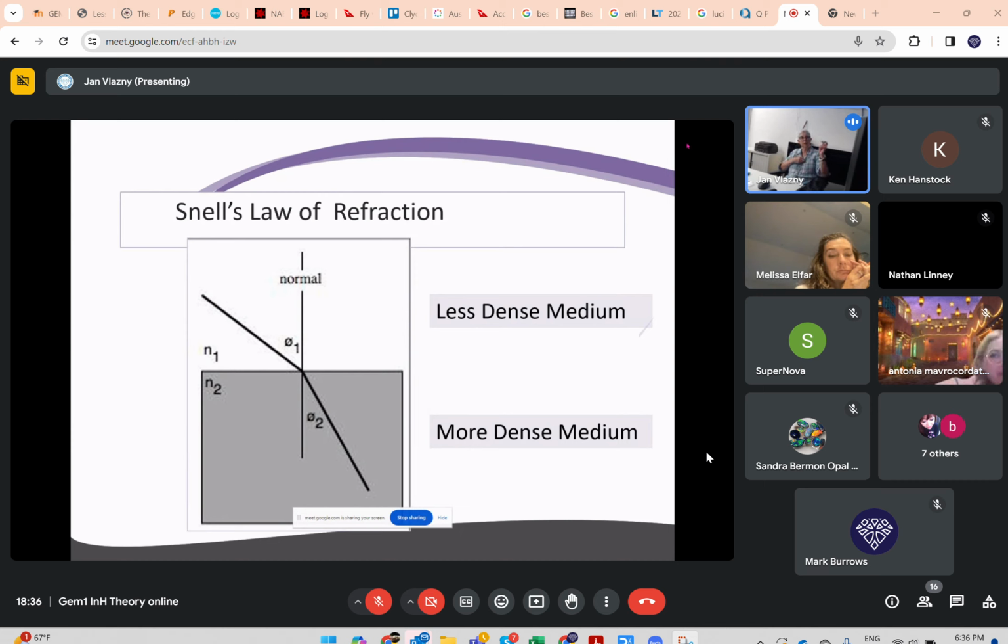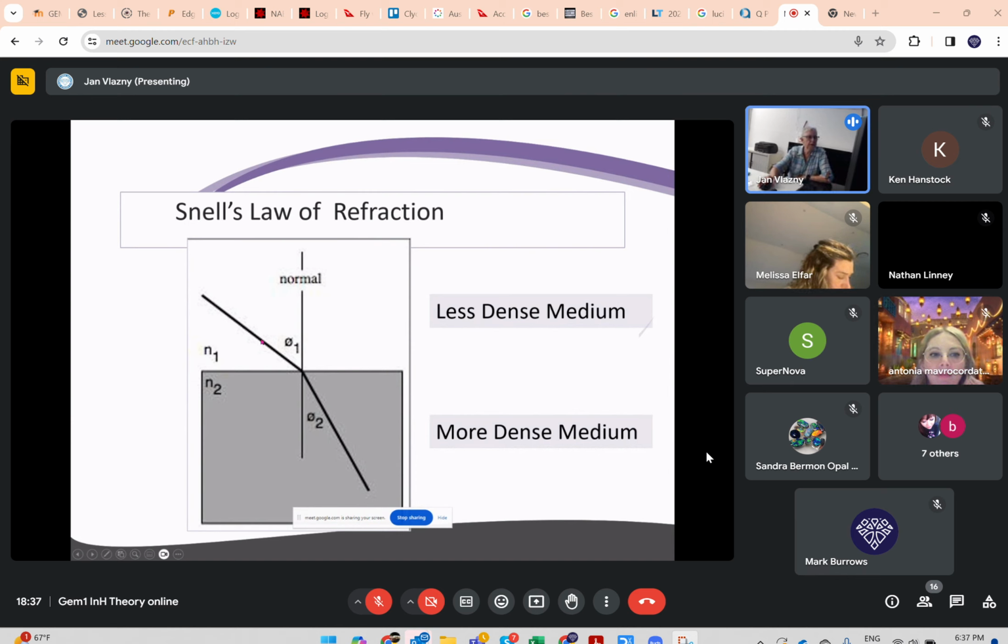Medium just means air, water, honey, whatever. But if something is going from less dense to more dense, when it does bend, it will bend towards the normal, which again is that mythical line at right angles to the surface. So if you want to get technical, we'll talk about N1 being the less dense medium, N2 the more dense medium.